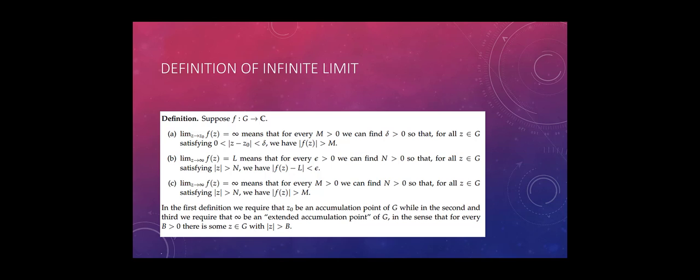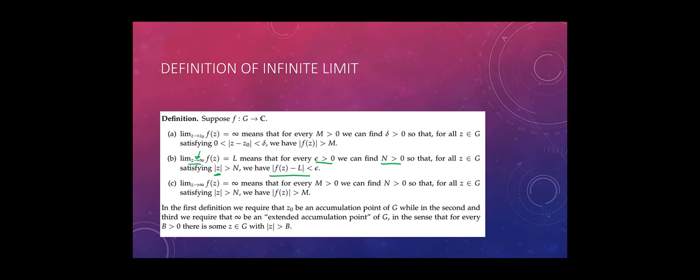Okay. B. So we say that the limit as z approaches infinity, so again, here we're imagining the modulus of z getting bigger and bigger and bigger. So the limit as z approaches infinity of f of z equals L means that for every epsilon greater than 0, we can find an N so that if the modulus of z is bigger than N, then the distance between our function and L is less than epsilon, or the modulus of f of z minus L is less than epsilon.